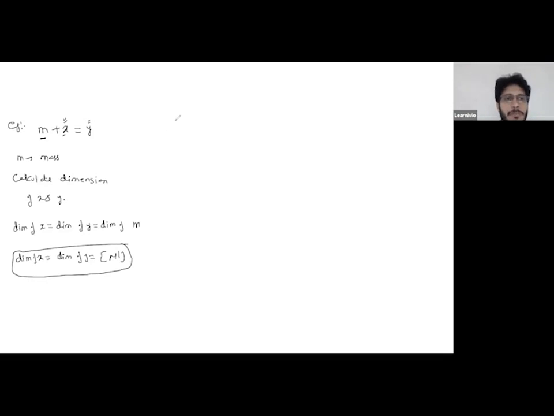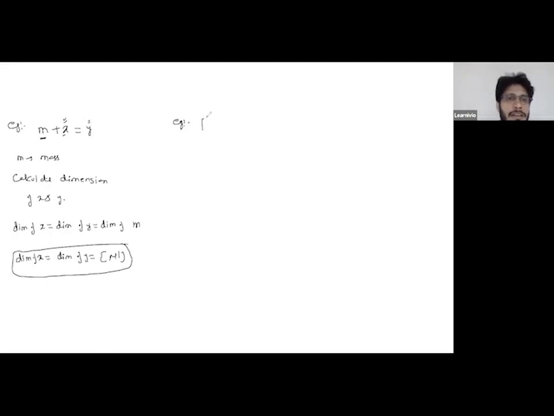That's a simple example. In an equation, you can have one or more unknowns. To calculate those unknowns, you will use the principle of homogeneity of dimensions: if a formula is dimensionally correct, you can add or subtract only those quantities which have the same dimension.